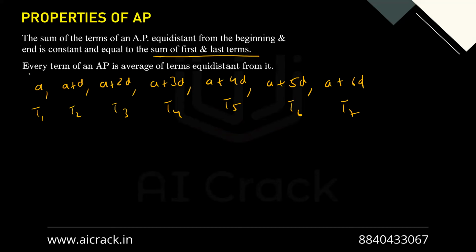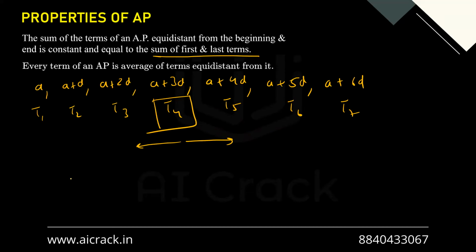Now the other property is every term of an AP is the average of terms equidistant from it, right? So what does it mean? Let's say we are taking a term T4. It is saying that T4 is the average of all the terms which are equidistant from it. So if we go 1 unit here and 1 unit here and add them and take the average of both these terms, we'll get T4 as the answer.